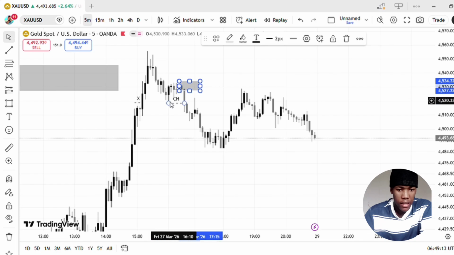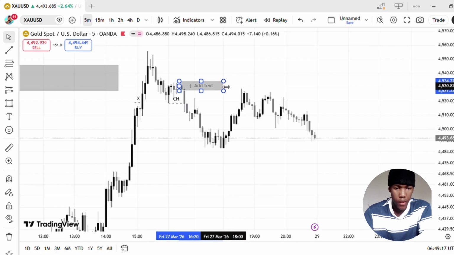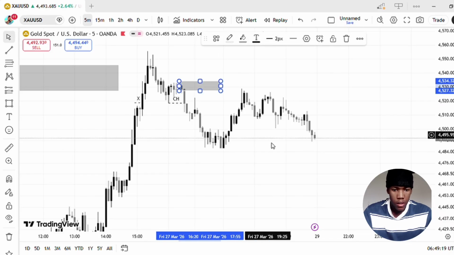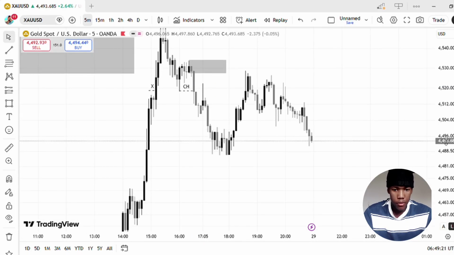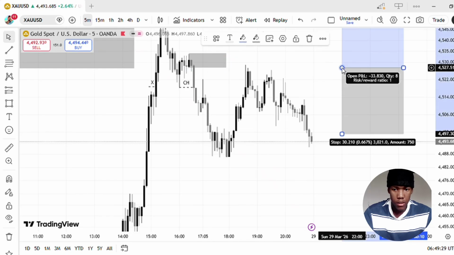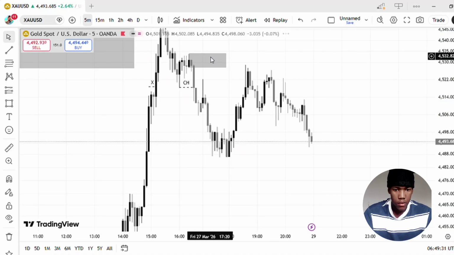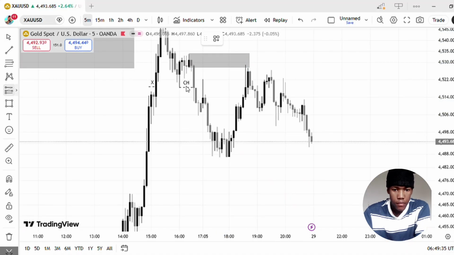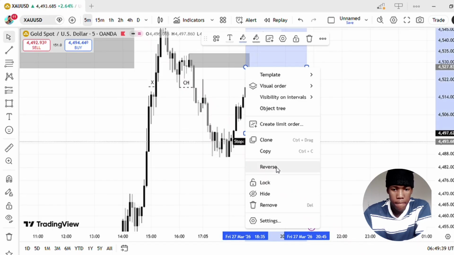After the market gave me the market shift, I marked my order block, which is my point of entry, and then I positioned myself like this for a short sell. Let's just do it like this, and then I positioned myself like that.